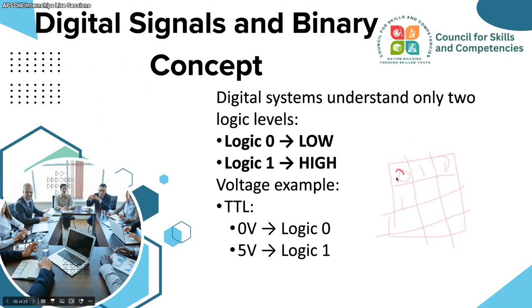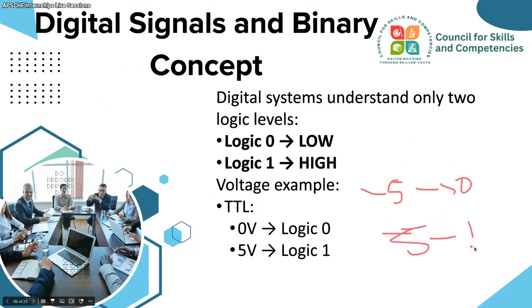That means you are storing some voltage. 0 means it is representing some voltage, 1 means it is representing some voltage. What is that voltage? Typically in TTL logic, 0 volt is represented as logic 0, and 5 volt is represented as logic 1. You can also consider -5 for 0 and 5 for logic 1.